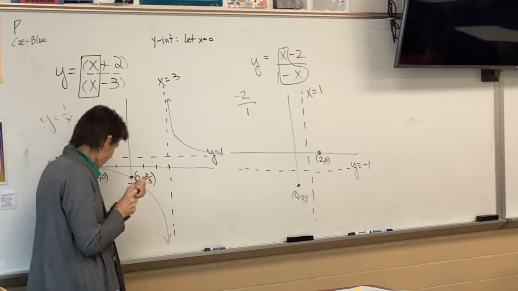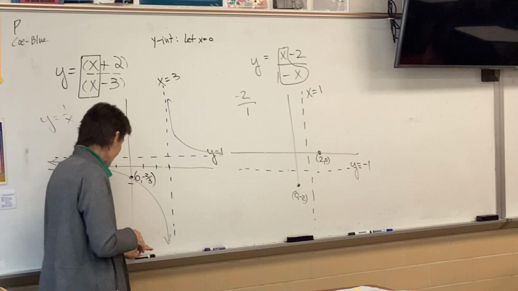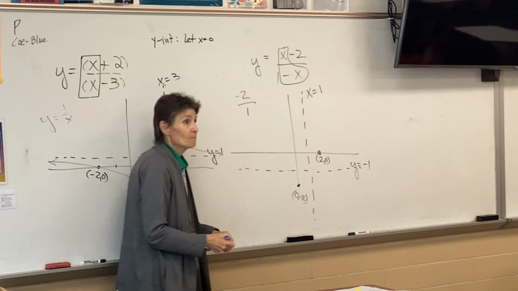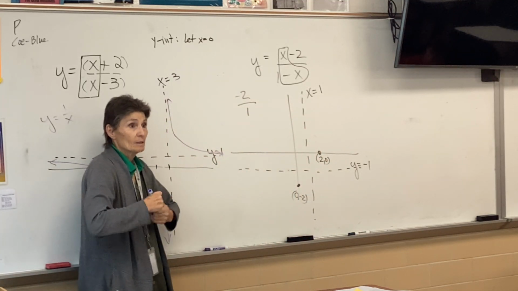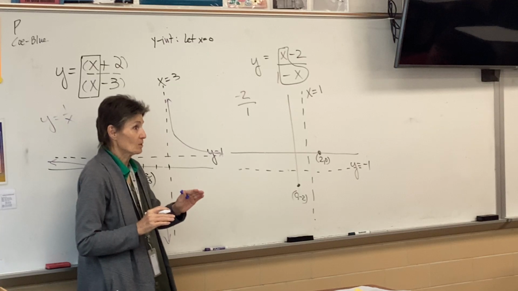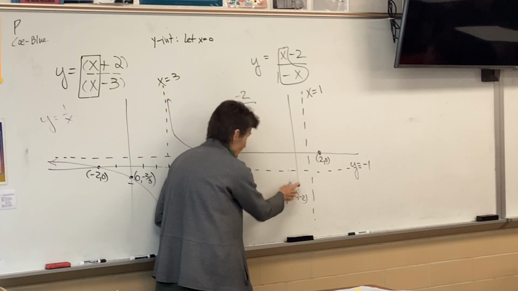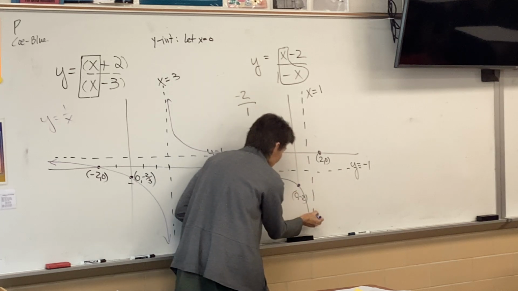So based on that, we need to be able to draw our picture. Do you have enough to draw it? I think so. Remember, it's going to be a reciprocal function. And since you have a dot right there, doesn't that mean I have a thing down here like this?